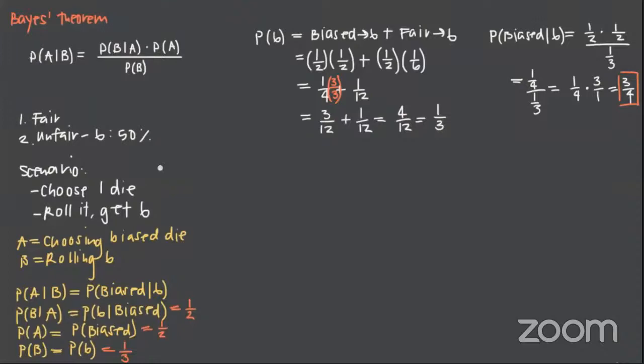Now, if we have to pick one of the dice between the two and we have to roll it, what is the probability of getting 6 is one thing what we have to see.